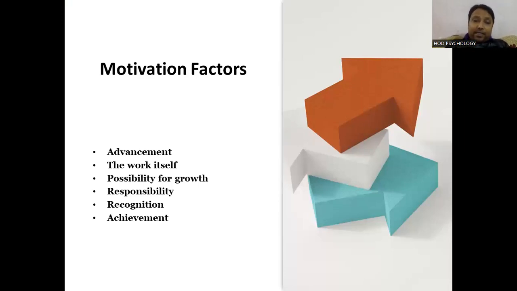Now I will be discussing with you some of the selected factors in detail. Herzberg et al. argue that motivation factors are necessary to improve job satisfaction. Remember, according to him, these motivators are intrinsic to the job and lead to job satisfaction because they satisfy the needs for growth and self-actualization.